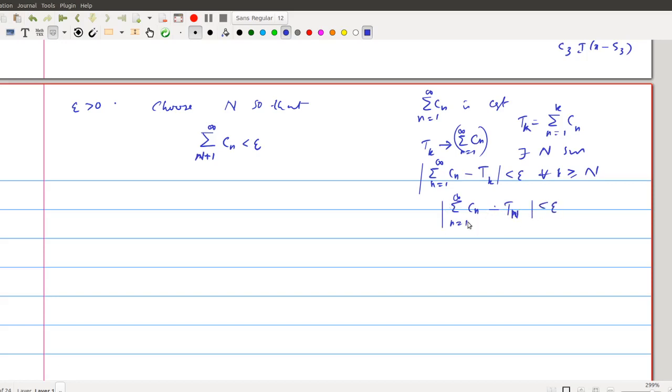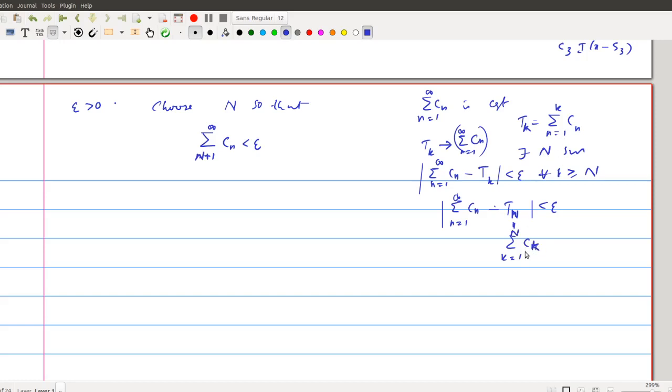Okay, this is nothing but sigma small n equal to capital N plus 1 to infinity Cn is less than epsilon. That is because this T N is nothing but summation k equal to 1 to capital N Ck.